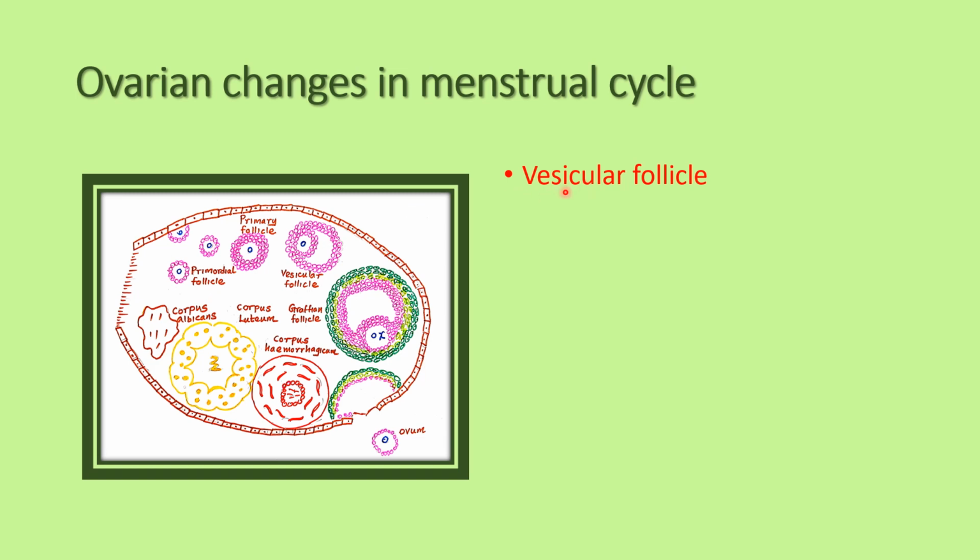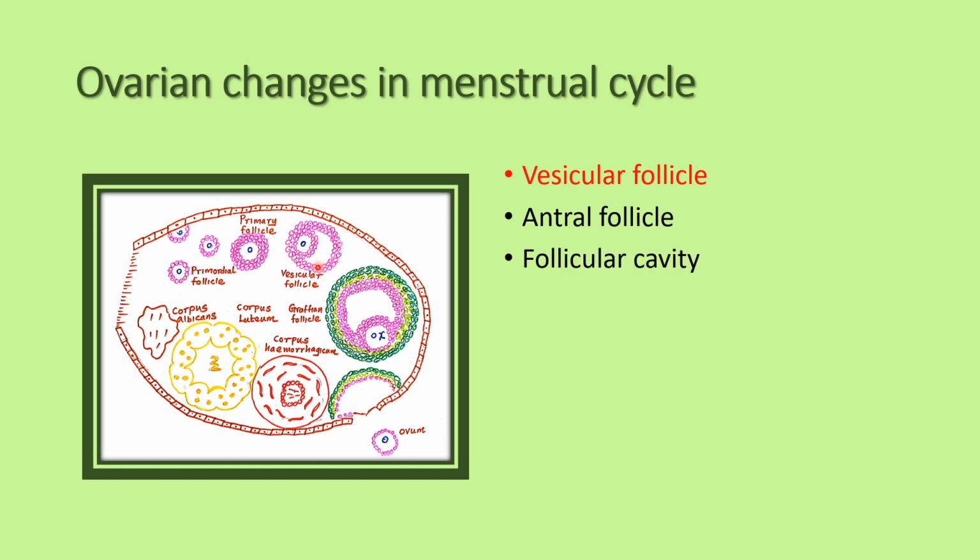The vesicular follicle is the next stage of the follicular phase. The primary follicle is next converted to the vesicular follicle. It is also called the antral follicle. The follicular cavity is formed between the granulosa cells.